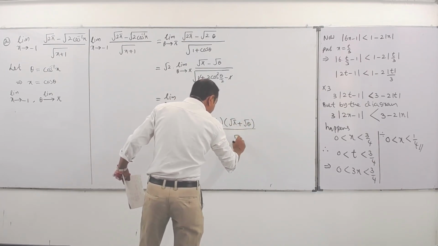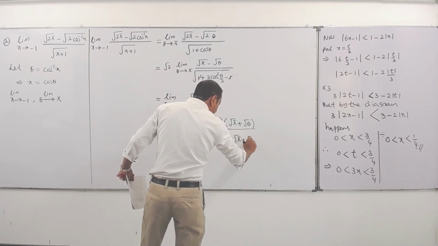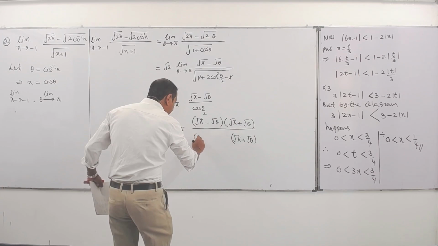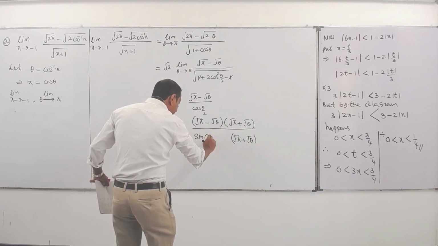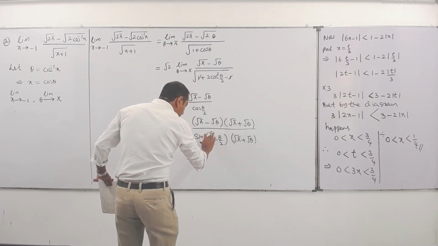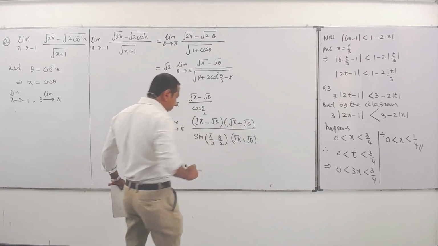Then here also we must write root π plus root theta. And cos(theta/2), I write, people, as sin(π/2 − theta/2). This is sin(90° − theta/2), which is cos(theta/2). We get, huh?